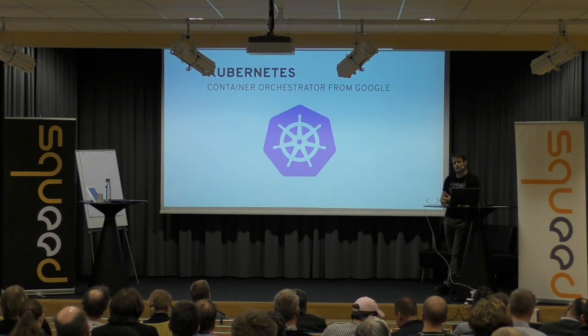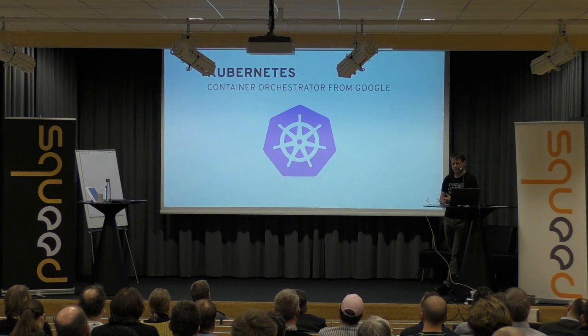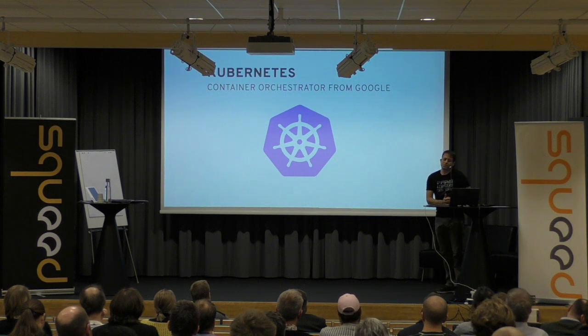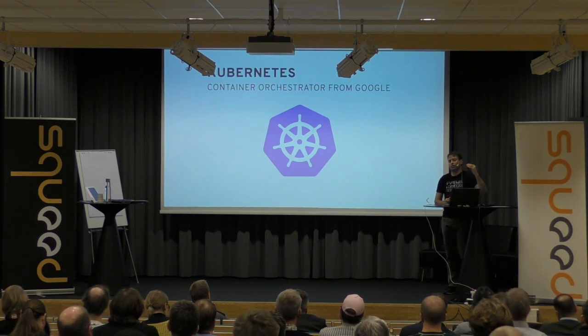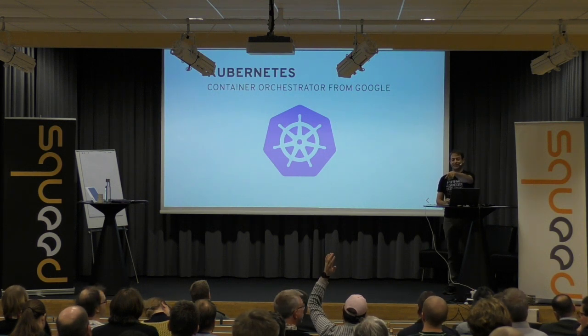We have Mesos DCOS or something, whatever it's called. We have some outsiders like HashiCorp Nomad. But when it comes to container orchestration, Kubernetes is the gold standard, which every other tool has to measure itself against. Anyone using a container orchestrator which is not Kubernetes? Ah, yeah? Which one?